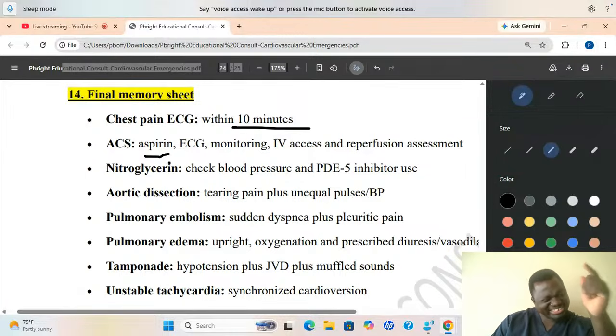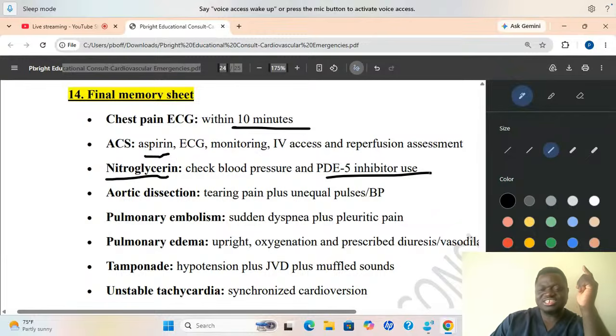Aspirin, ECG, all these things. Nitroglycerin: before you give, check if the patient is taking any impotence medications like sildenafil or tadalafil. And remember the 12 hours, the 24 hours, and the 48 hours rule.